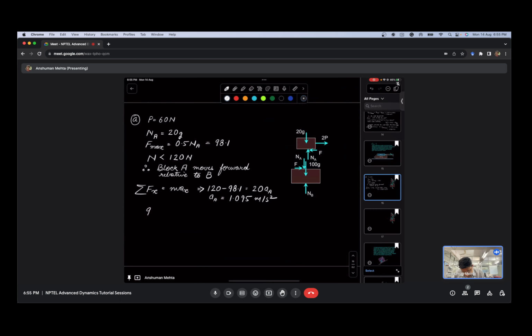Now 98.1 is equal to 100 times AB. So this gives us the value of the acceleration of B as 0.981 meters per second squared.